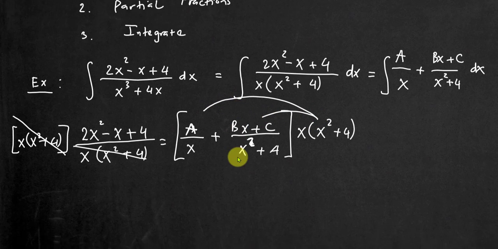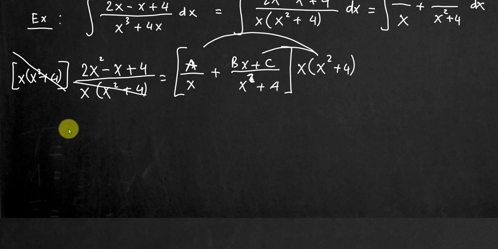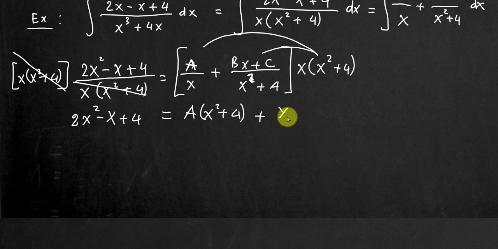On the left-hand side, I only have 2x squared minus x plus 4. When I distribute to the numerator with A, the x and the x cancel out, so I have A times (x squared plus 4). When I distribute to the second term, the x squared plus 4 cancels out, therefore I have x times (Bx plus C).